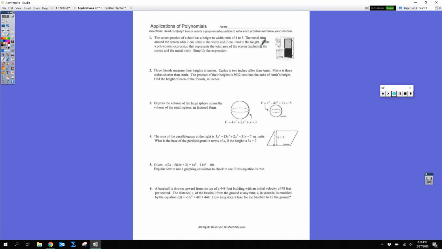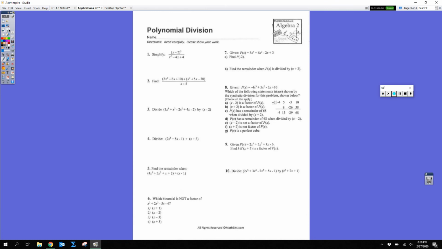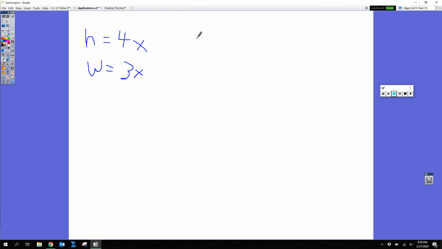So the metal trim around the screen adds 2 centimeters total to the width and 2 centimeters total to the height. Write a polynomial expression that represents the total area of the screen. So it's a bit confusing, not very clear, which is why I definitely want to do this one with you. You have a door, and what they've done is they have a trim. I'll just do that in red just so it stands out, that's around this door.